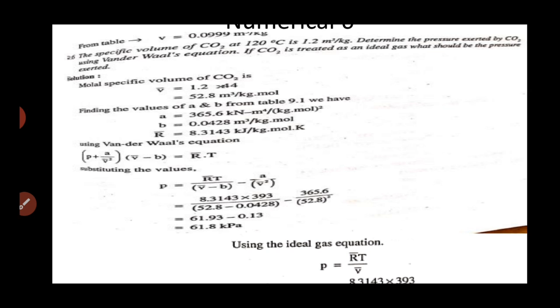And here V bar is equal to capital V, that is volume, into molecular weight. Volume is given as 1.2 meter cube. So we have found that the molar specific volume is 52.8 meter cube per kg mole.